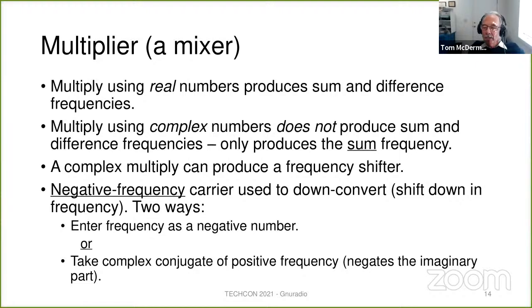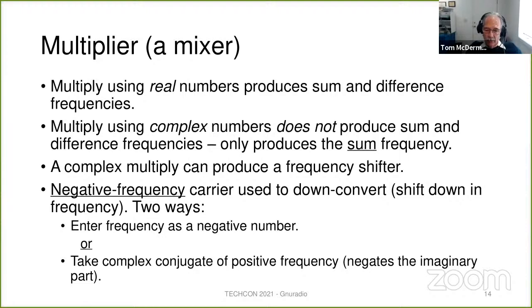So if you wanted to shift a signal down in frequency, you would multiply a wideband signal with a negative frequency carrier. And those oscillators on the previous chart, you can actually enter in a negative number in the frequency, and that source will produce a negative frequency, and that will let you shift down. So it's an ideal way to take something at a high frequency and shift it down to a lower frequency.